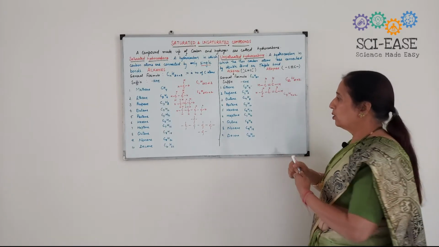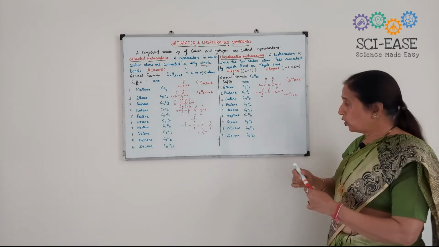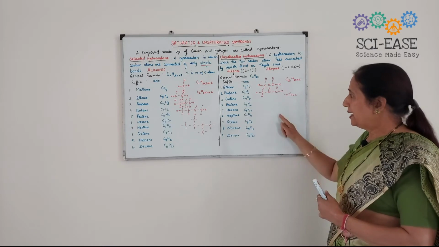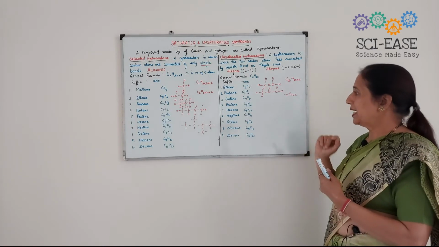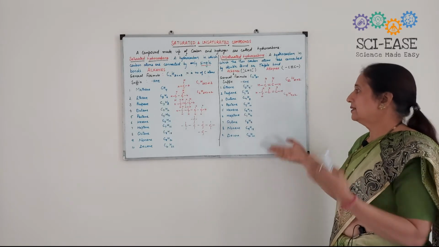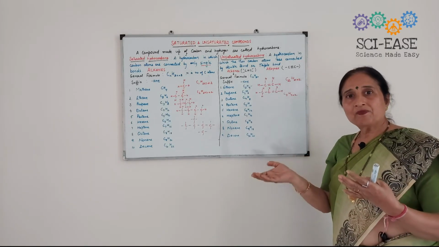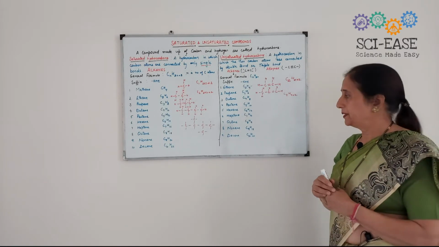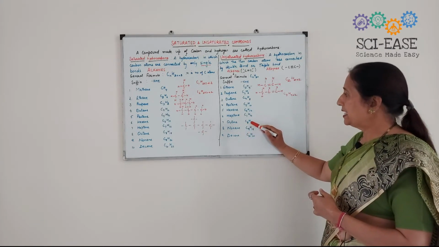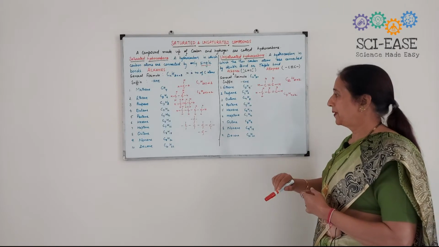C7H14. So you will first draw a 7-membered carbon chain, and then in between you write a double bond between 2 carbons, and then satisfy the valency of carbon. Octene, C8H16.